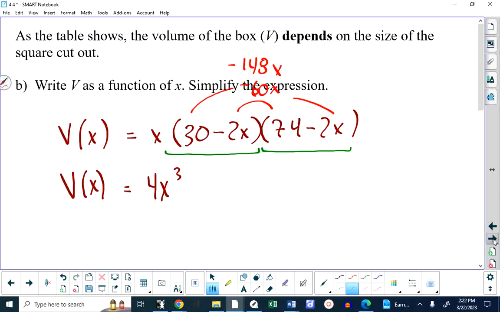How's my math there? When I add those two terms together, I get negative 208x, but I'm multiplying by x, so I have minus 208x squared. And when I multiply out the 30 by the 74, I get 2220. Okay. But I'm multiplying by x, so this is the function in simplified form. It's a cubic function for the volume of the box.